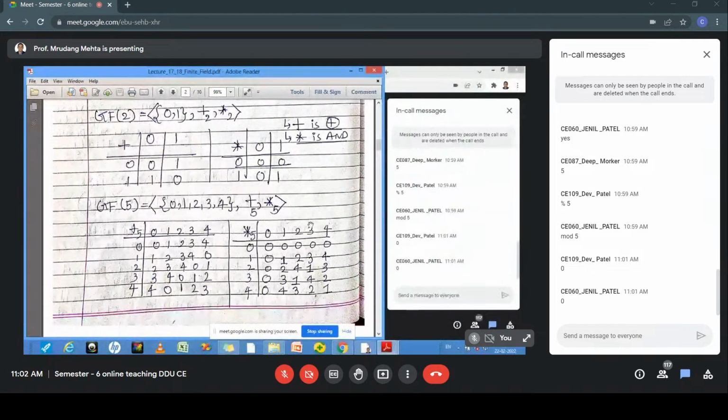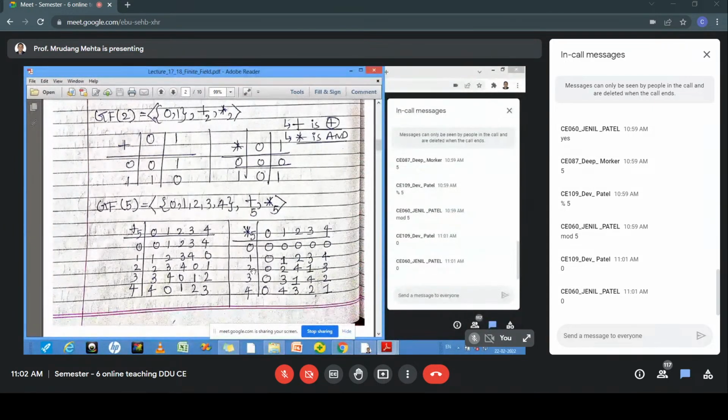1 multiplied by 2 is 2, 2 mod 5 is 2. 1 multiplied by 3 is 3, 3 mod 5 is 3. And 1 multiplied by 4 is 4. So 4 mod 5 is 4.